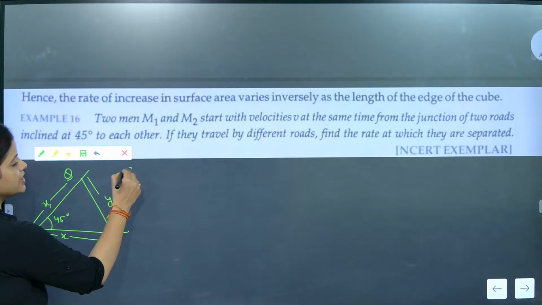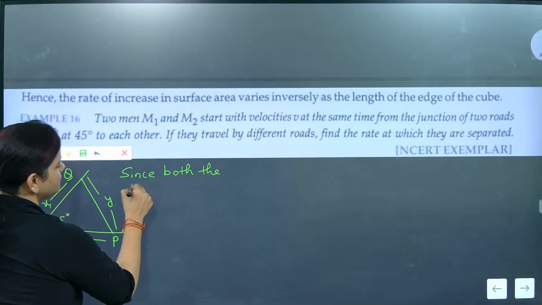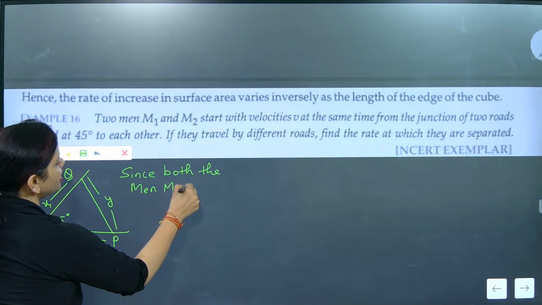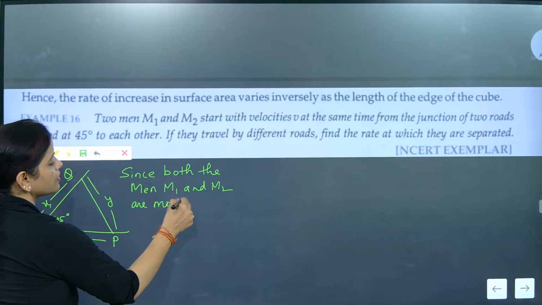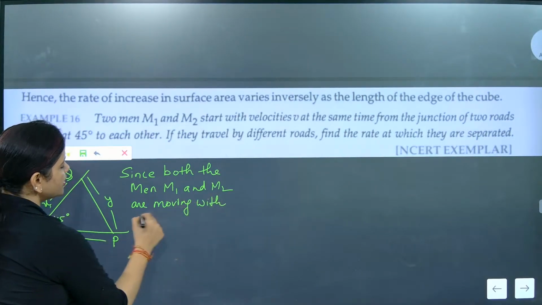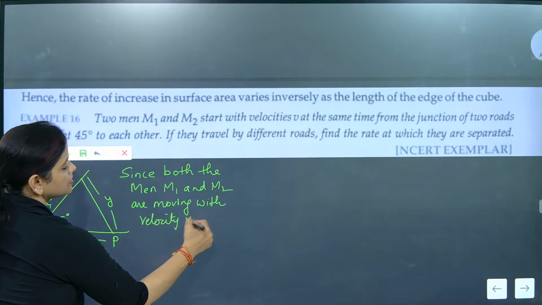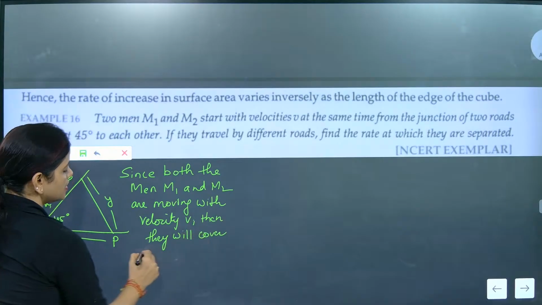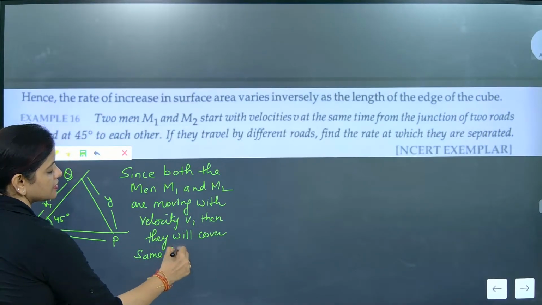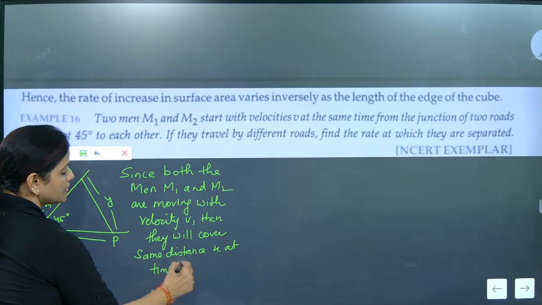So we will write: since both the men m1 and m2 are moving with velocity v, they will cover the same distance x at time t.